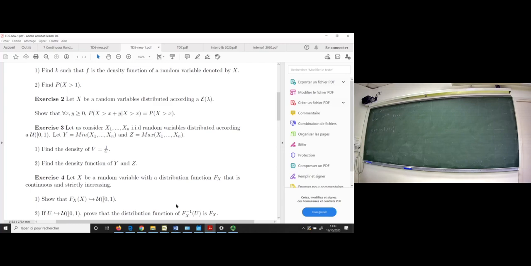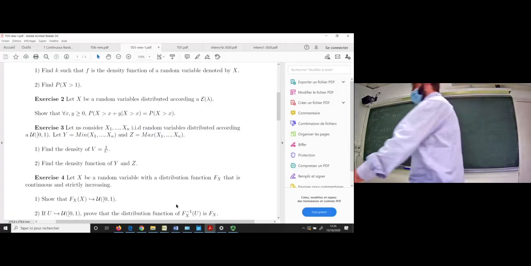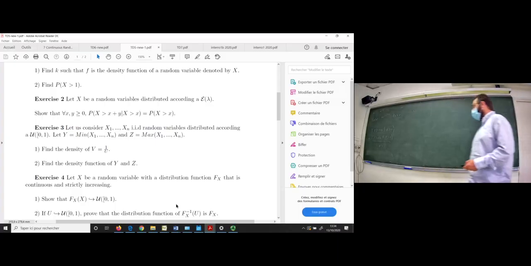P of A given B is the probability of the intersection over the probability that X is greater than small x. Definition of conditional probability: probability of the intersection over the probability of B.